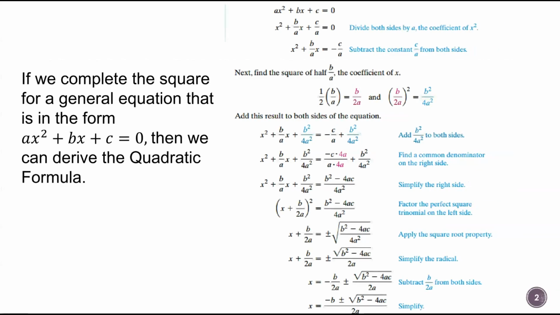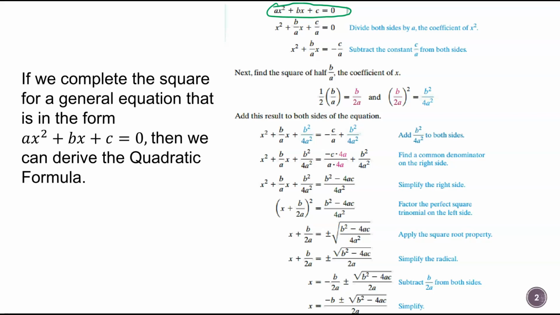Now, I wanted to just show you where the formula comes from because I feel like it's important to see that. This is all kind of scrunched together here, but this is how you derive the quadratic formula, and it comes from taking the standard form of a quadratic equation, and then completing the square, right?